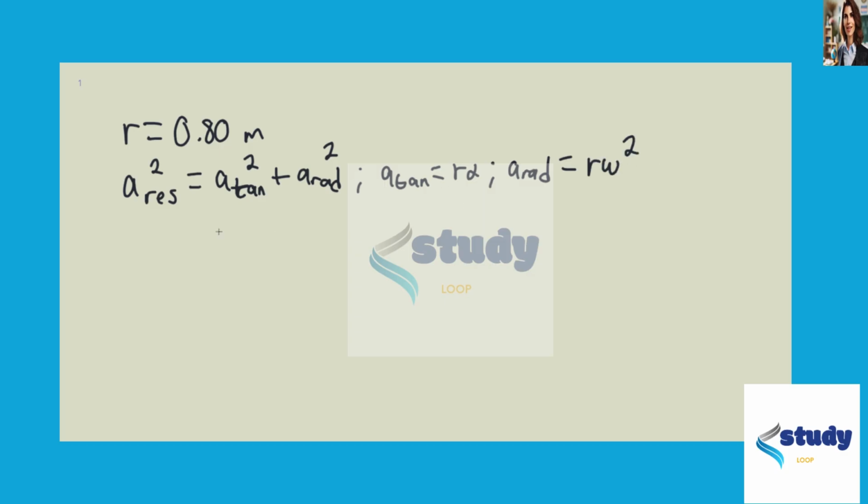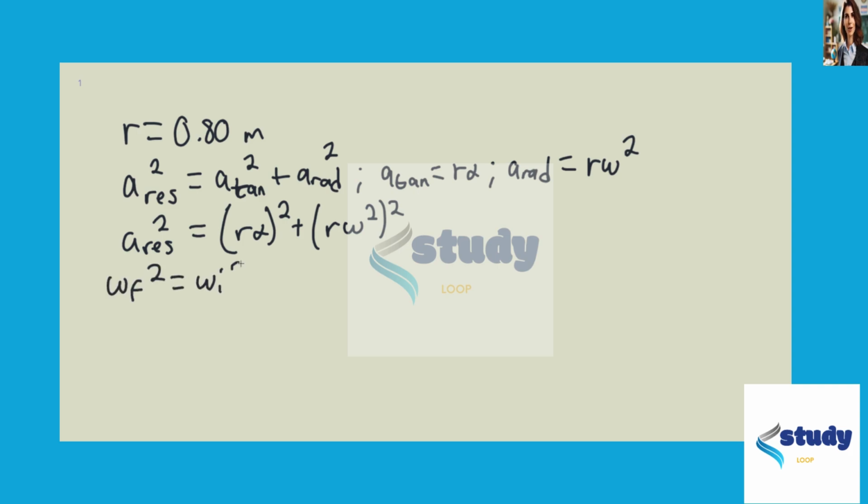At this point, we can say a resultant squared equals r alpha squared plus r omega squared squared. We can find that omega final squared equals omega initial squared. The initial angular velocity is 0, so we can eliminate that term, and we can do plus 2 alpha delta theta.